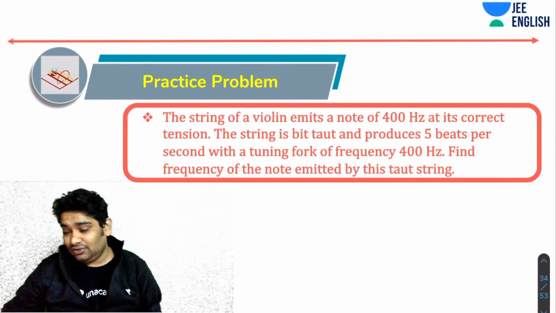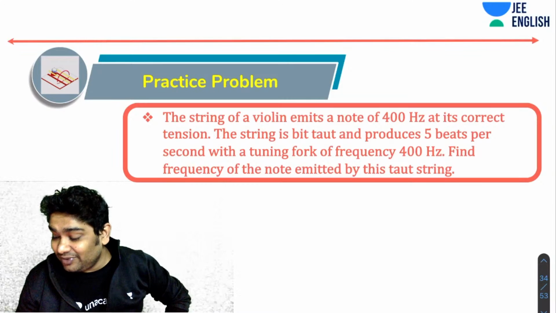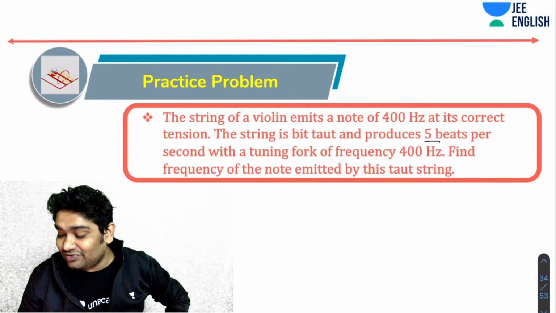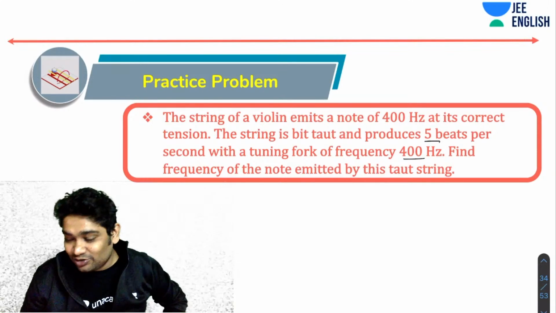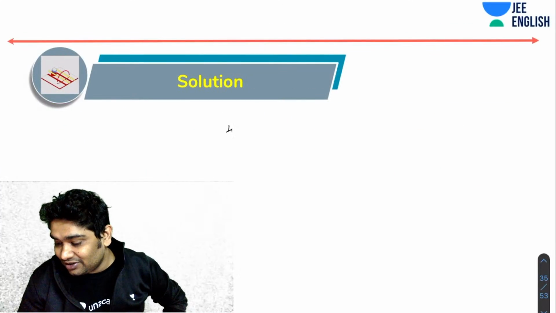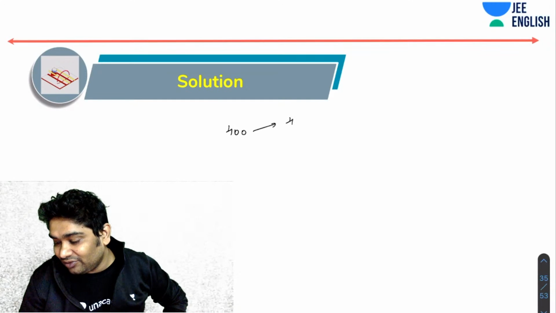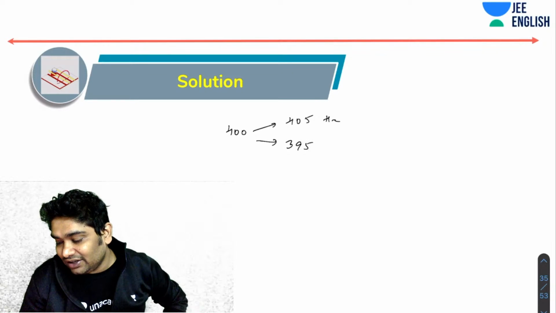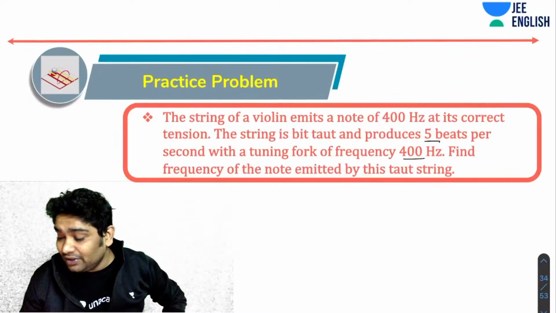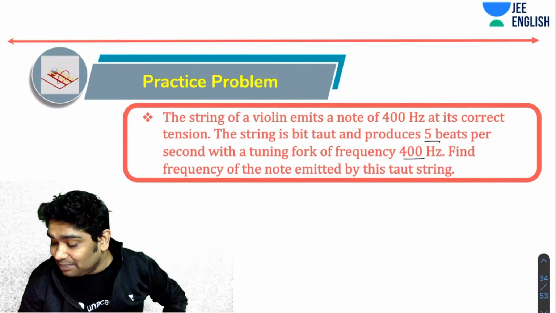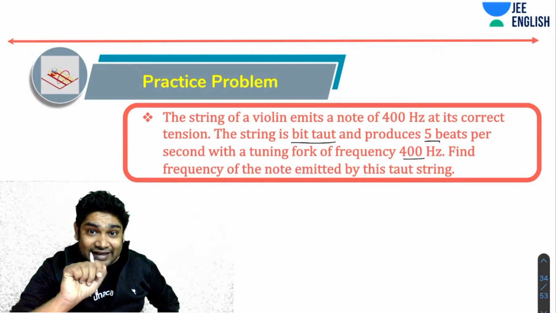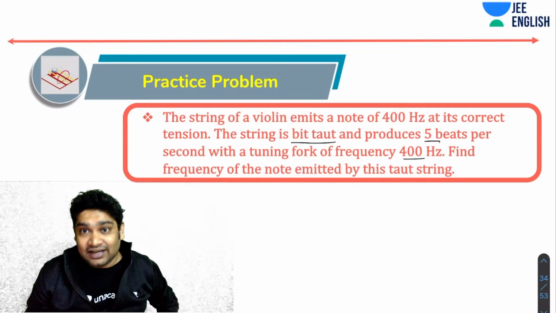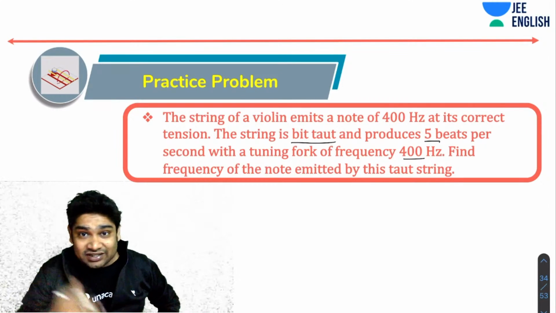All right, so let's see. Since you've been told that it is producing 5 beats with a tuning fork of frequency 400, obviously 400 would have produced 5 beats with either 405 hertz or with 395 hertz, correct? Now, what have you been told? That the string is a bit taut. Bit taut means slightly tighter. A bit slack would have meant slightly loose.